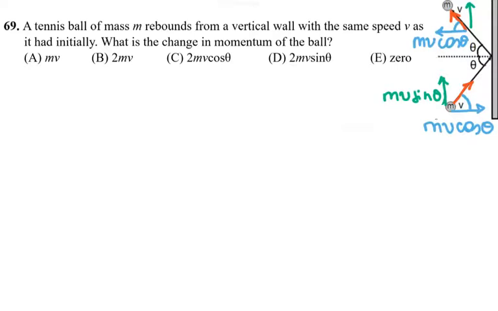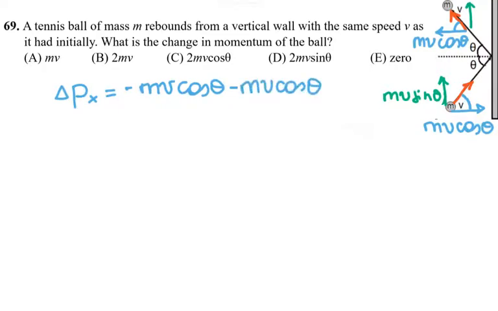So I'm going to look at the change of the momentum horizontally and vertically. The change of the momentum horizontally, I have the final, which is to the left. So I'm going to choose, doesn't matter, negative mv cosine theta minus initial. Initial was in the positive direction, so that's mv cosine theta.